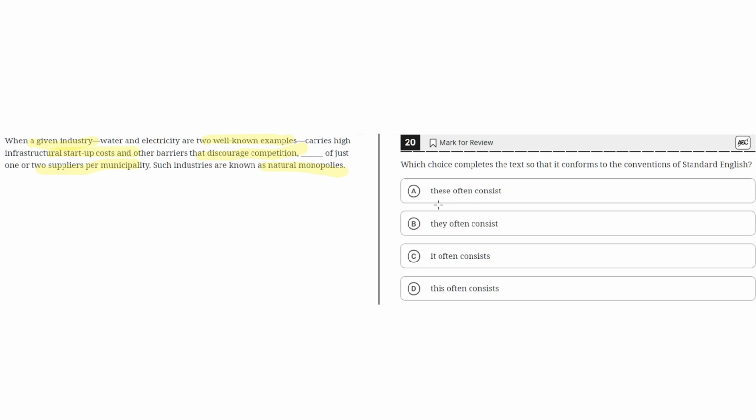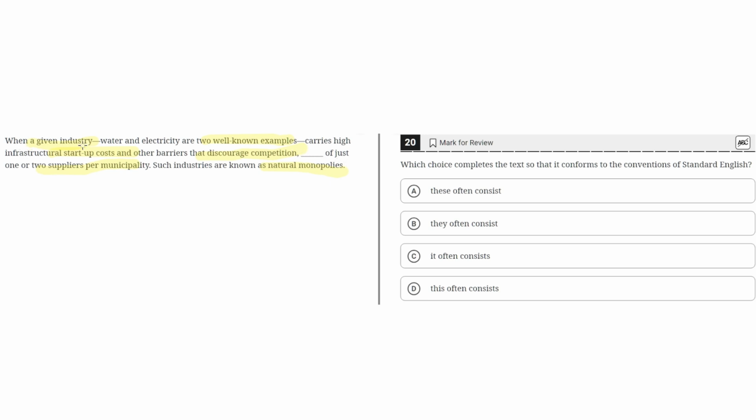These often consist. This is incorrect because the subject of this sentence is industry. This is singular, but these often consist is a plural phrase that refers to a plural subject, which does not match this given sentence. Therefore, A would be incorrect. Furthermore, we could test this by reading just this first part alongside this phrase in this blank.